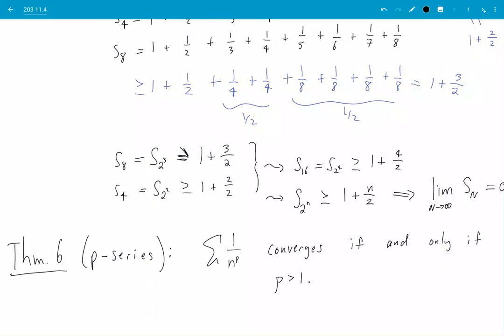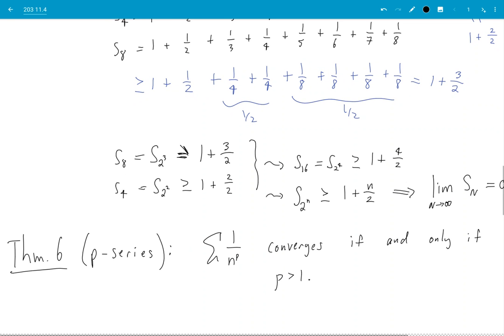Okay, pause and copy theorem 6 here. Now, we just looked at p equal to 1. And now we have information about all values of p. So we actually need p to be strictly bigger than 1. In fact, as soon as p is bigger than 1, this guy starts to converge.